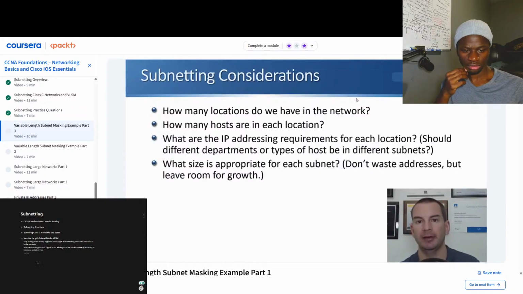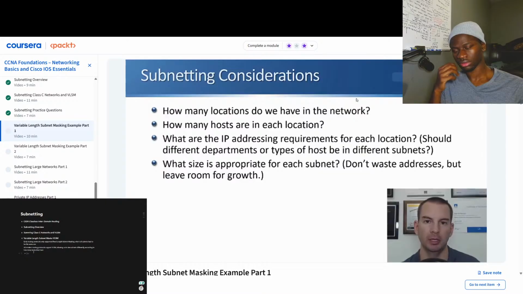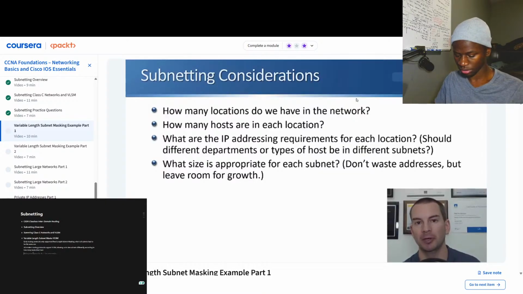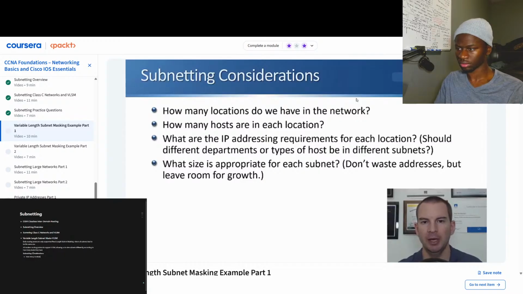For example, you might have one office, but within that office, maybe you've got a sales department, a research and development department, and an accounting department, and you want the accounting department to be secured from different departments. Well, in that case, you would definitely put it in its own separate subnet. Because different subnets, we have to route between them at a router, it's easy to secure them at the layer 3 level based on their IP address.